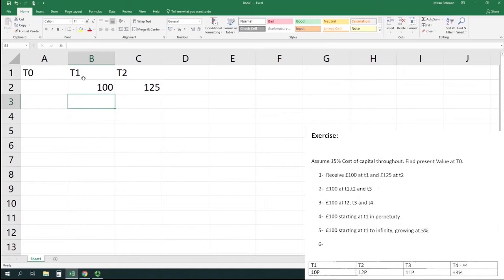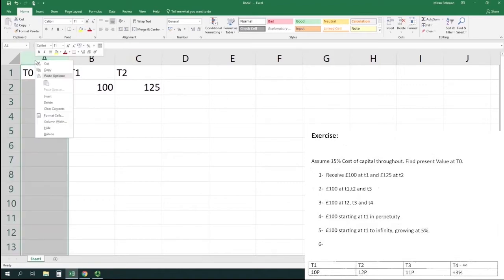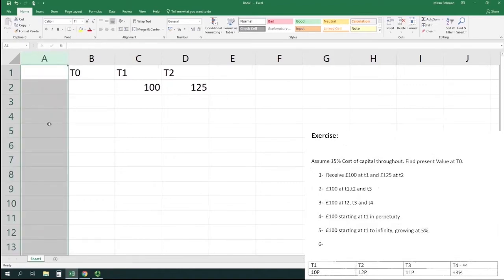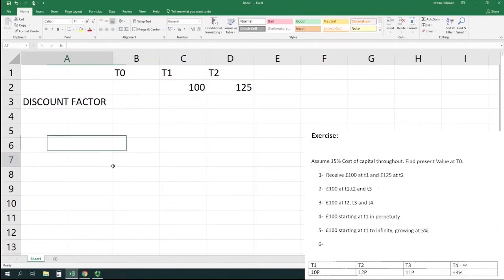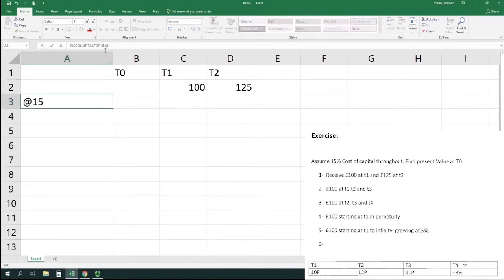What we do, we multiply with this. So what we need to know now is the discount factor. All the values given in the present value table are called discount factors. And the cost of capital, okay, let's add it at 15%.